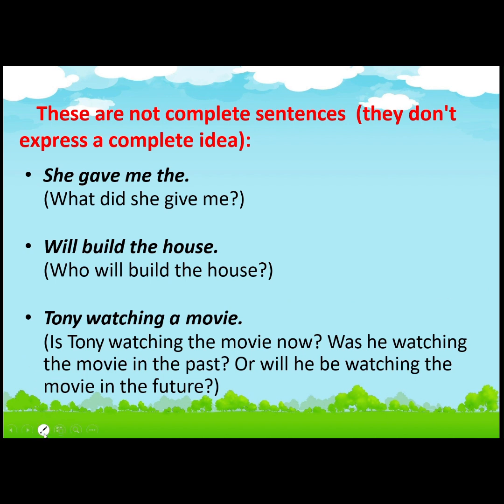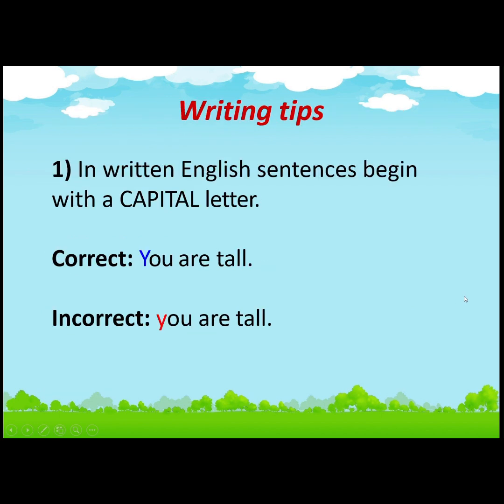Now we are going to check out few writing tips. As in, when we are writing proper English sentences, we should always remember this. Many a times when we are writing big paragraphs, answers, we tend to forget that each sentence should always start with a capital letter.